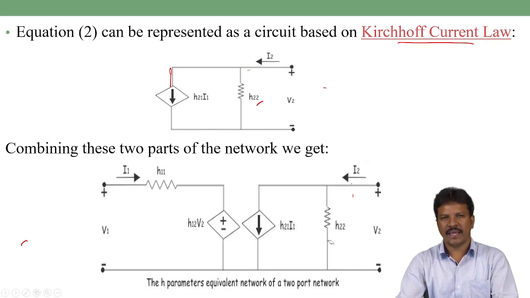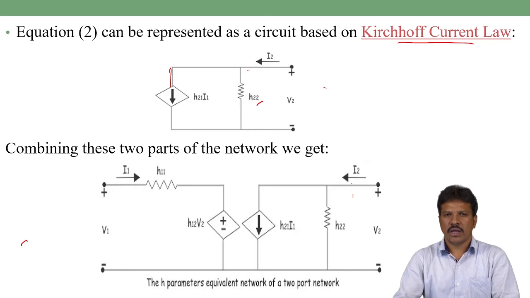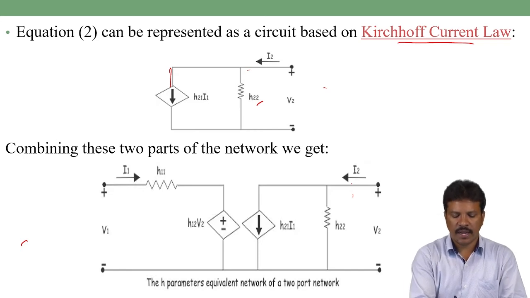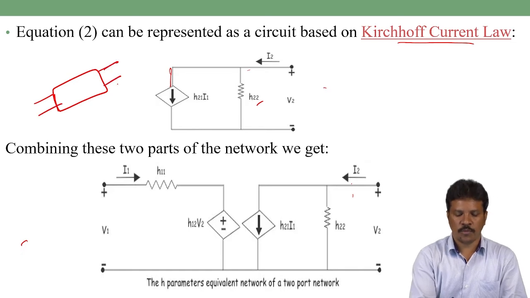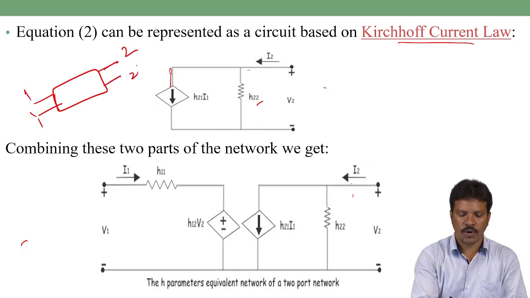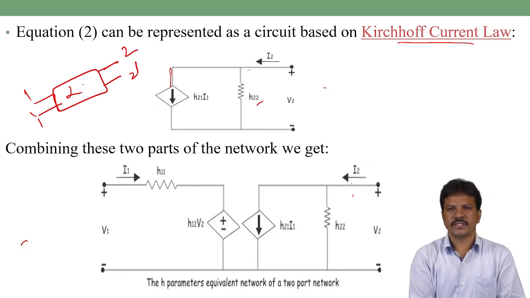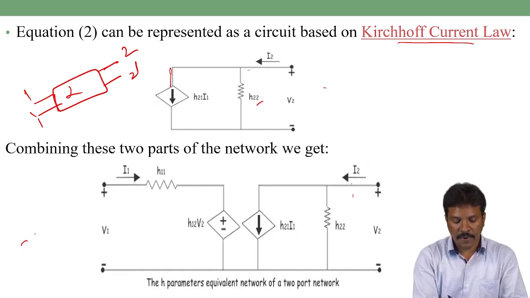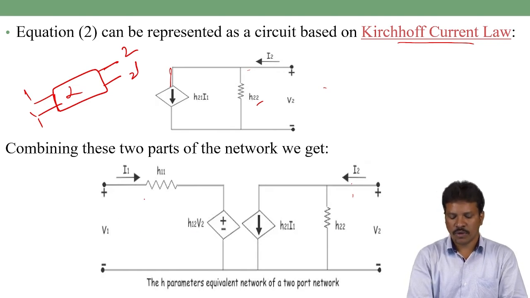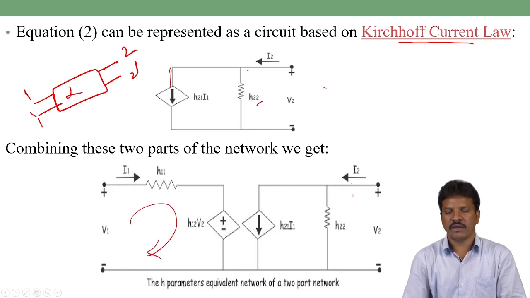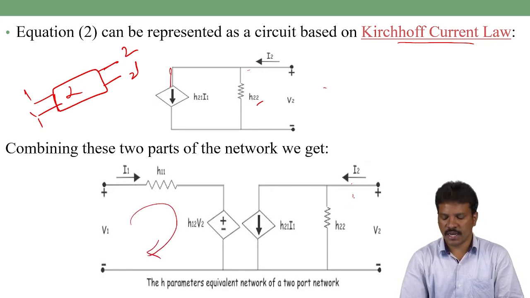Before applying this two-port network to the transistor: a linear device having two ports, input and output, 1 and 1 dash, 2 and 2 dash, is equivalently represented with the four H parameters H11, H12, H21, H22. We can represent it as KVL at the input side and KCL at the output side.